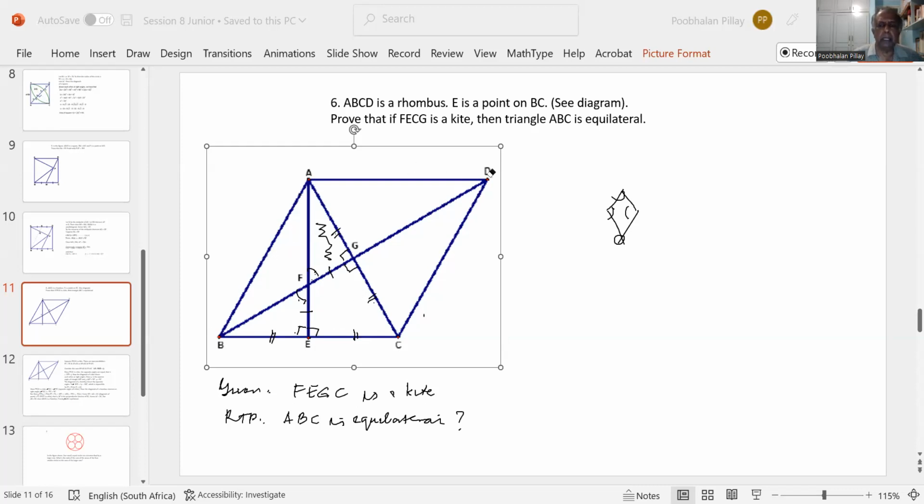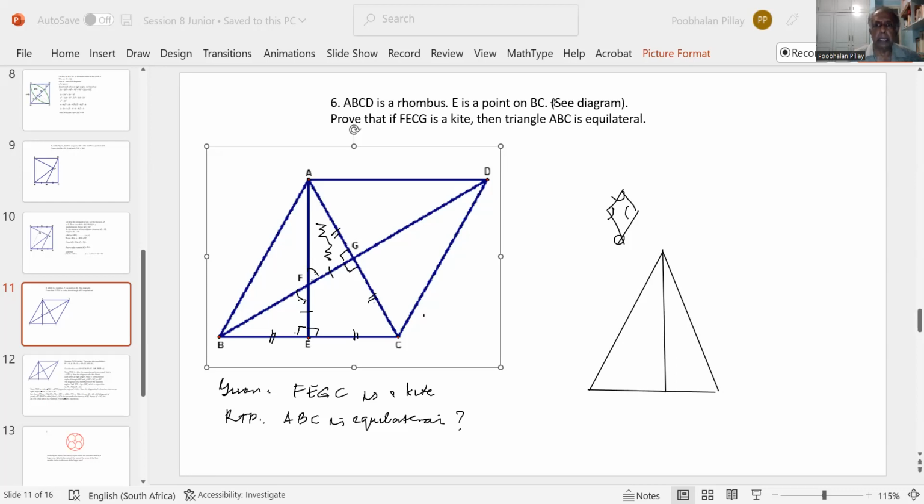And whenever you have a situation where we got a perpendicular bisector of a line, a very important conclusion from that is this. What do we mean by the perpendicular bisector?